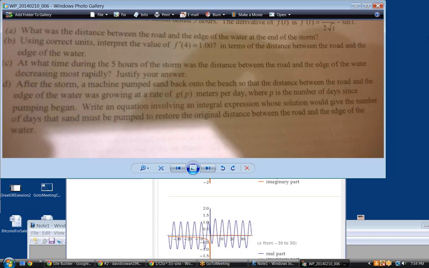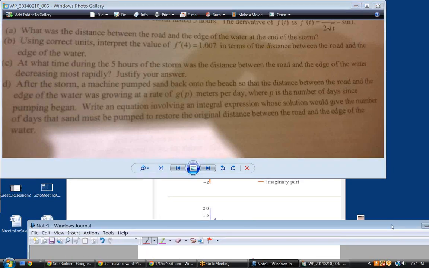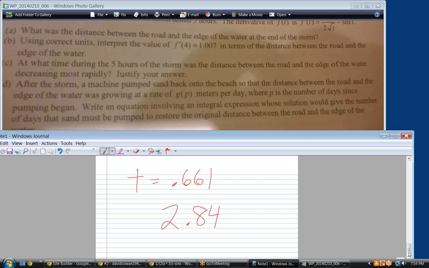Yeah, the integral, in other words, the amount of distance that was created was the integral of g of p is going to be the rebuilding, the amount of sand or the amount of distance added between the road and the edge.